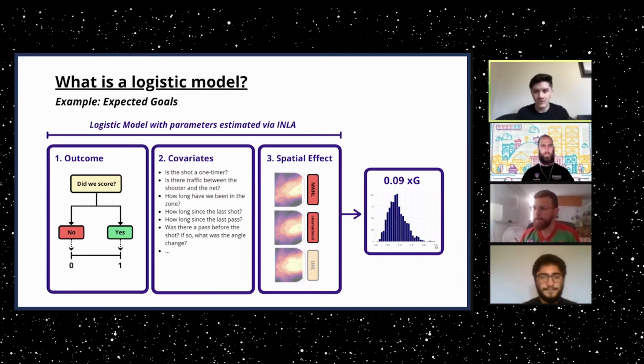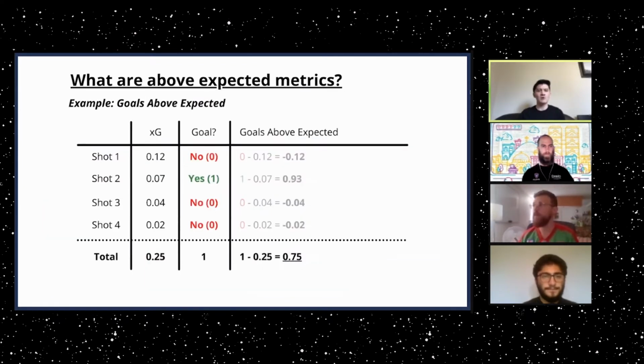Furthermore, with INLA, we can not only predict just a point estimate of 9%, but also get a full distribution to quantify the uncertainty in our estimates and build a confidence band around our results, which you'll see later. And with these models, we build what are called above expected metrics. When we're talking about these, we take the outcome variable we're concerned with, and we tally up all of the yeses from it.